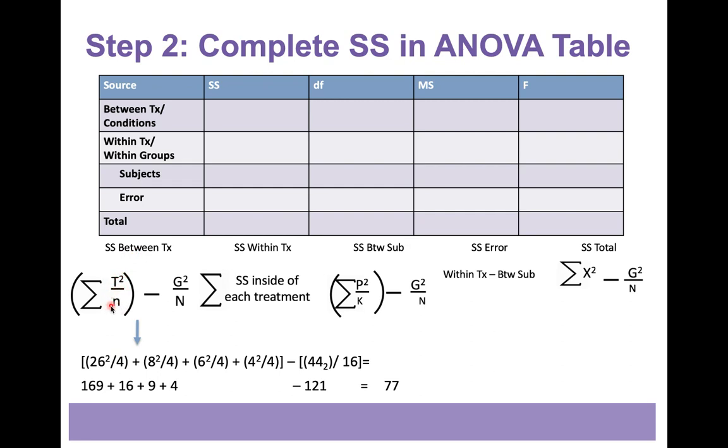T squared divided by n, number 1, number 2, number 3, number 4. And then we're going to sum those 4 values. So 169 plus 16 plus 9 plus 4. So go ahead, press pause, and make sure you can do that, and you know where those numbers are coming from.